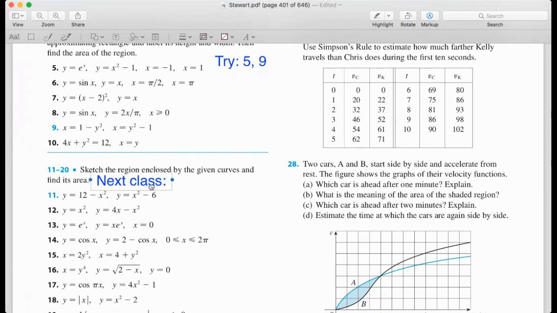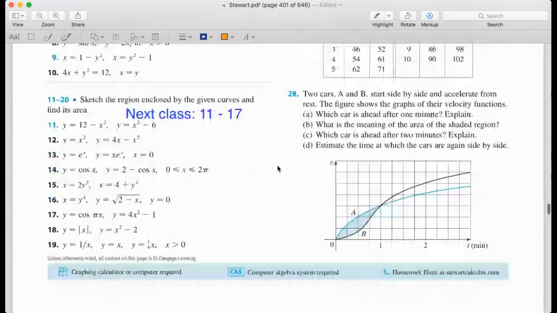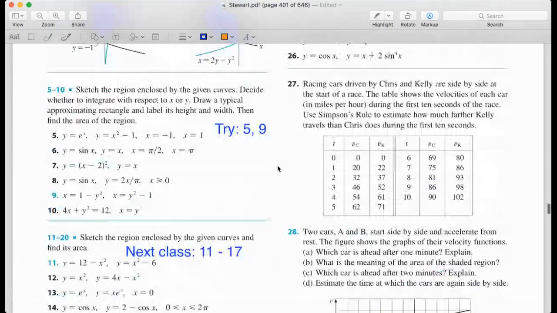So next class, let's try those. Eleven to 17. Okay, let's try 5 and 9.